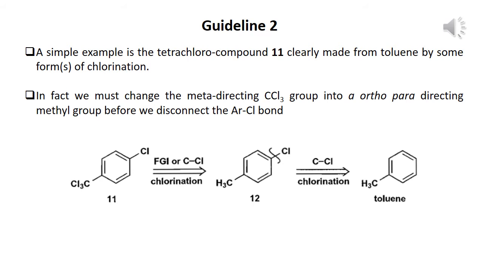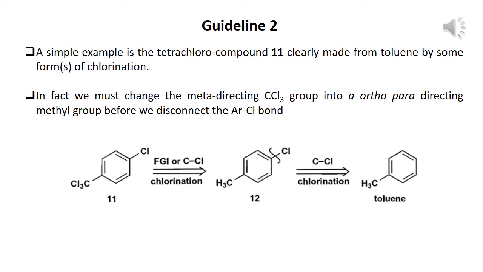Now there is 11, you can see here 11 is a tetrachloro compound, 3 chloro along with the methyl and 1 chloro directly on the aromatic ring. In fact, we must change the meta directing trichloromethyl substituent group into ortho para directing methyl group before we disconnect the aromatic C-Cl bond.